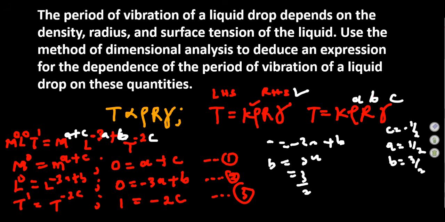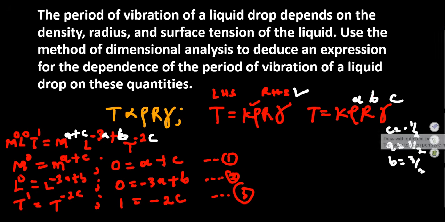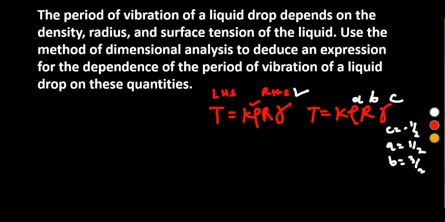So we are going to now go back to our equation that shows the dependence of the period of vibration of the liquid drop on the density, radius, and the surface tension, and now put in these values. So T is K times rho, if we may call it the symbol for density, to the power of A. A here is half.